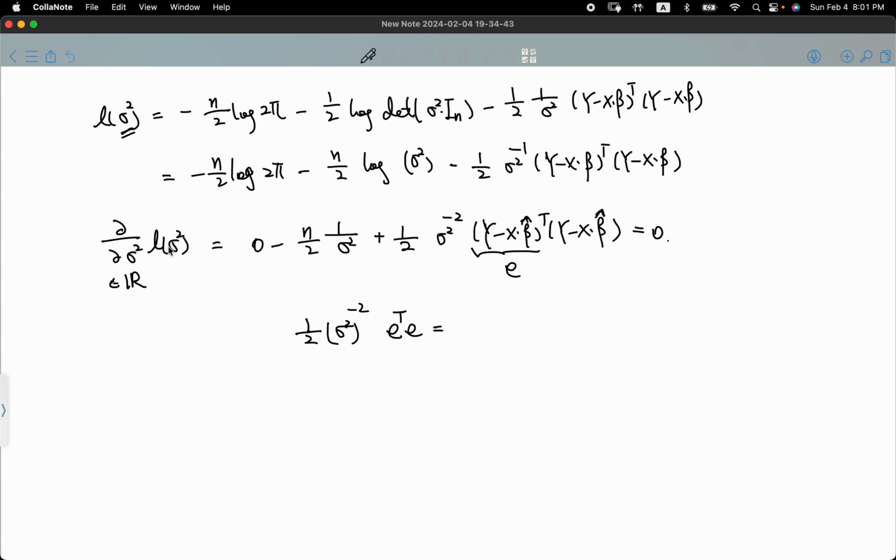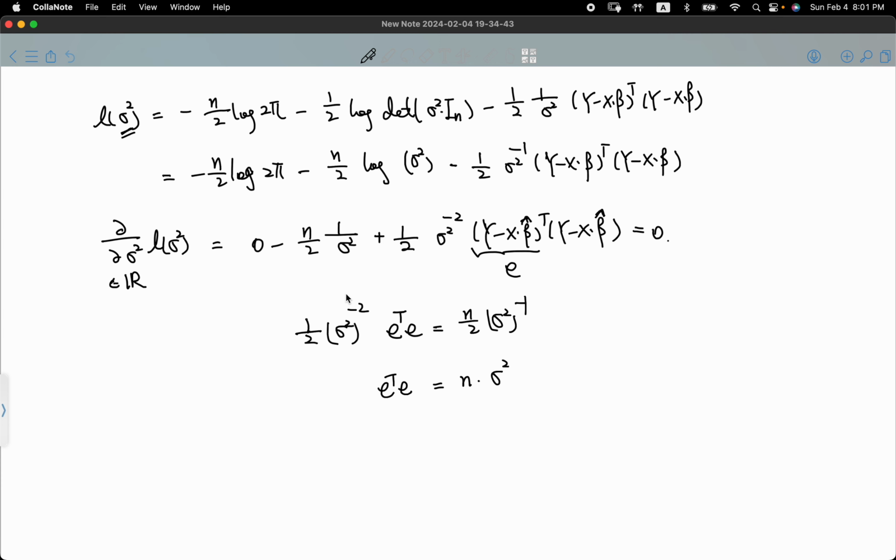Because we're working on one of the variables, we need to plug in the one that we estimated earlier to solve for the other one. Otherwise this is still a two unknown, two equation problem. So here we have one of them and we solve for the other one. Okay, bring this part to the right hand side. We have e transpose e and sigma square.